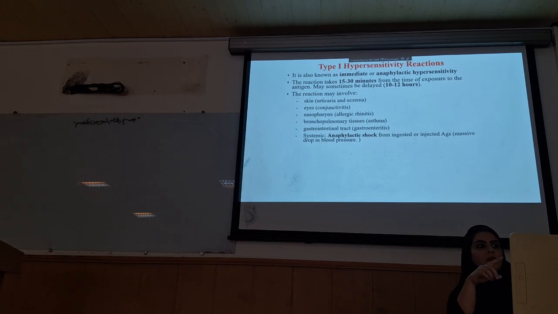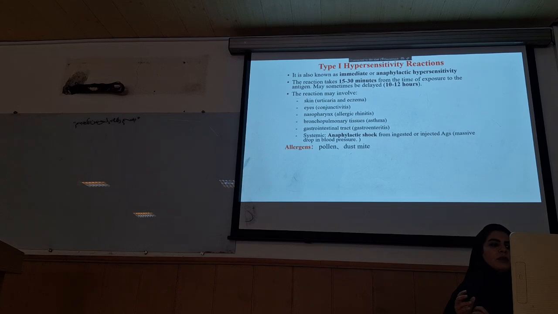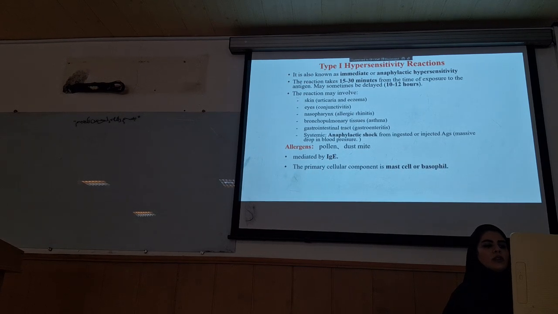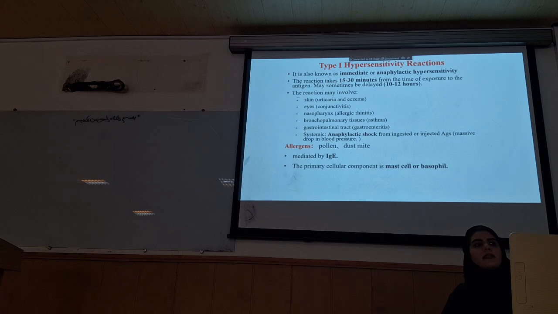When the type 1 hypersensitivity reaction has systemic effect, we call this anaphylactic shock. Why should this happen? Because of the massive drop in blood pressure. The allergen may be pollen or dust mite and mediated by IgE, and the primary cellular components are mast cells or basophils.